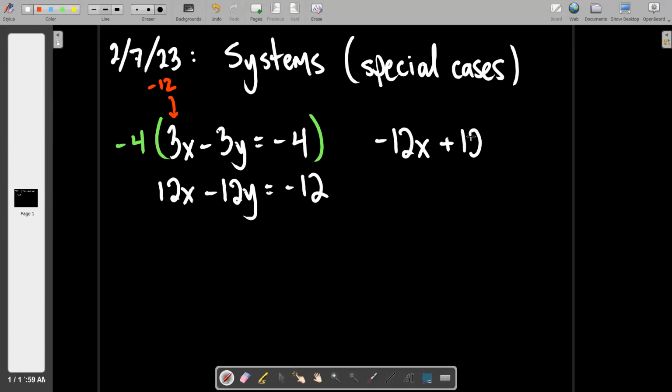We get plus 12 Y's, because we have to change the sign since we're multiplying by a negative, equals what? Yeah, positive 16. And now when we copy the bottom equation over, remember when we set out a minute ago to start this, we said we're going to kill the X's. But when we copy the bottom equation over, something should catch your eye.